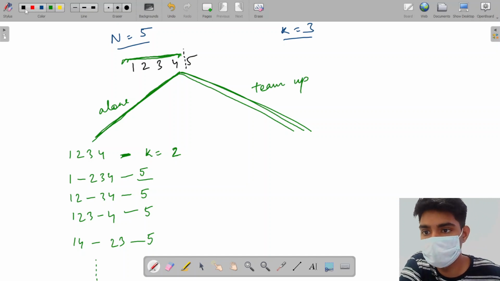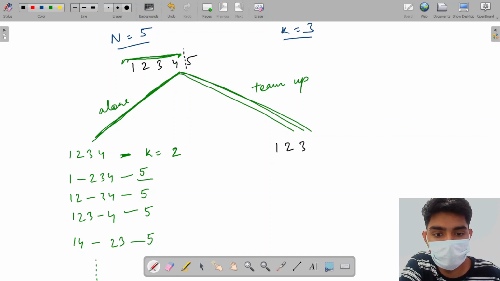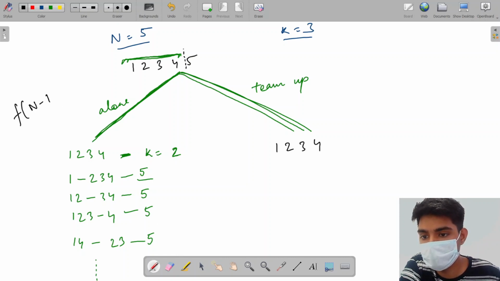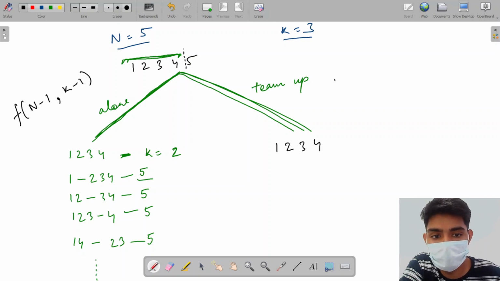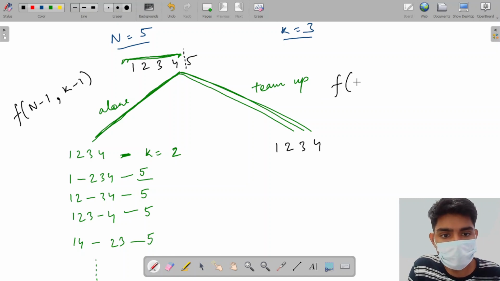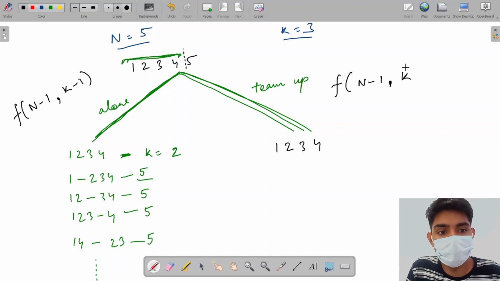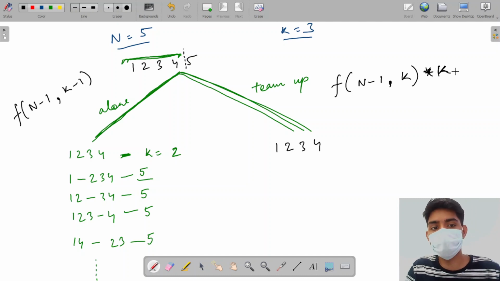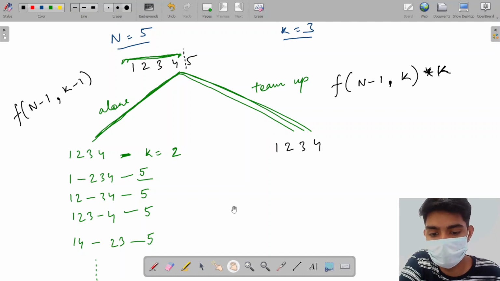Okay, now we have 1, 2, 3 and 4, and I was saying that n minus 1 friends would give me k minus 1 subsets, and here I'm asking the n minus 1 friends to give me all the ways to divide themselves into k subsets, and then I'll attach myself in k number of ways. Okay, I was saying this.